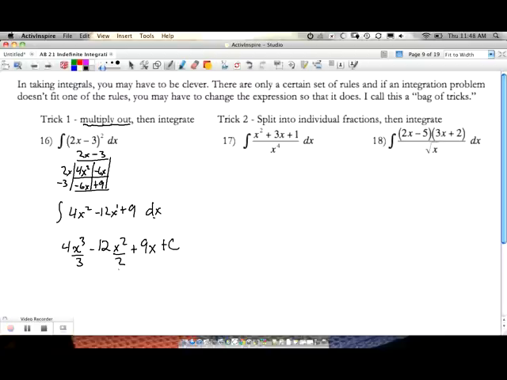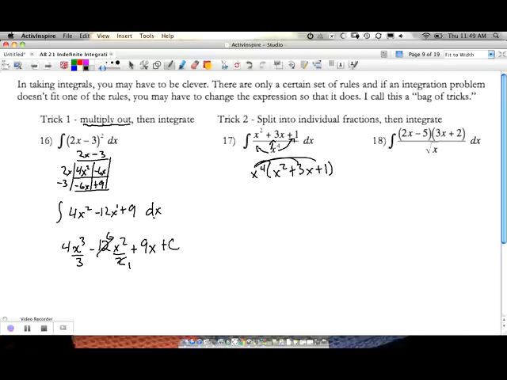The second one here is we have lots of numerators, one denominator. So we're going to distribute. In the same way that if this said x to the fourth times x squared plus 3x plus 1, I would distribute to separate the terms, this one up here is saying 1 over x to the fourth times x squared plus 3x plus 1.